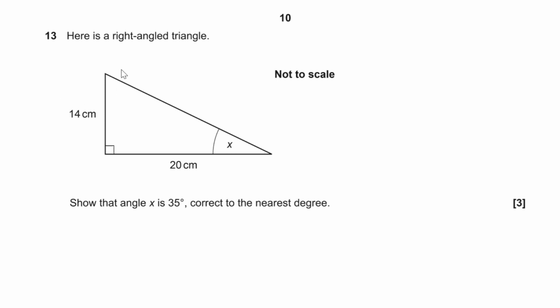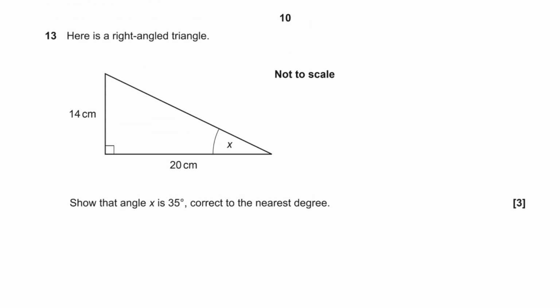Question number 13. Here is a right-angled triangle, and we've got a length here of 20 centimeters and another one of 14 centimeters. We have to show that the angle x is 35 degrees, correct to the nearest degree.